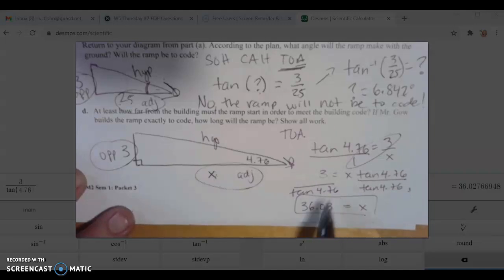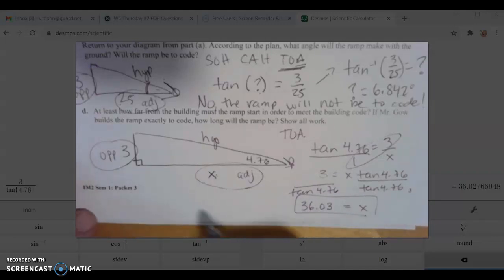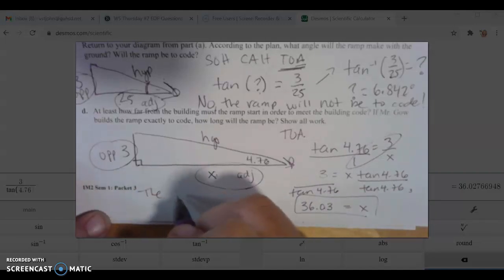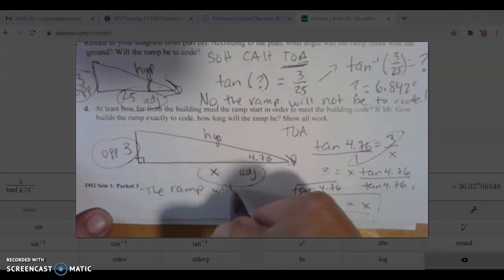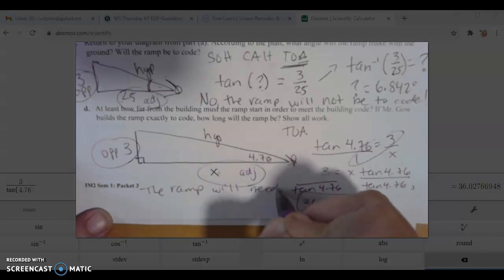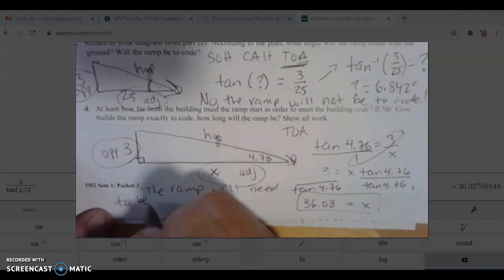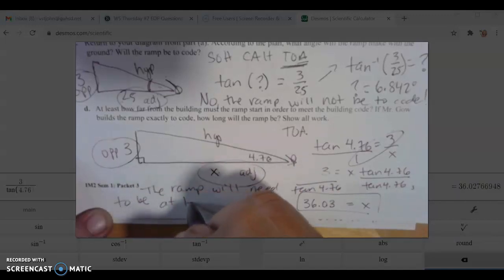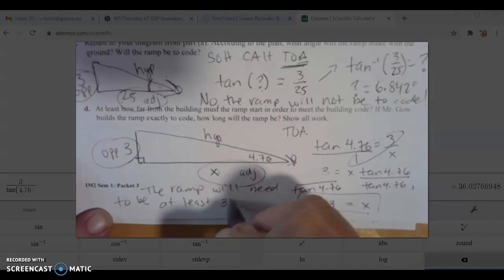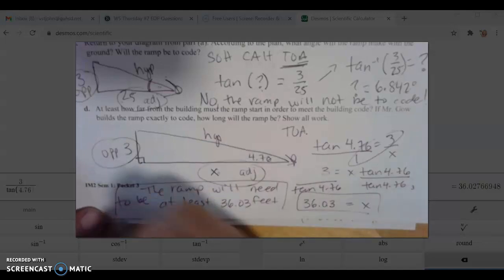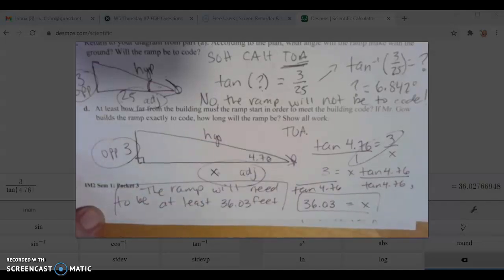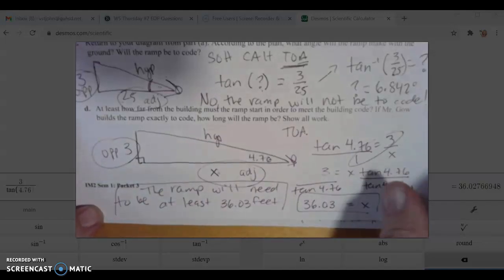Now, it can't be 25 feet. It has to be 36 feet. So we need to say that. The ramp will need to be at least 36.03 feet. Kind of cool when you figure that stuff out, right?